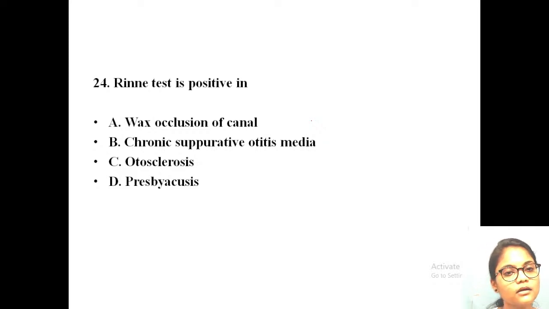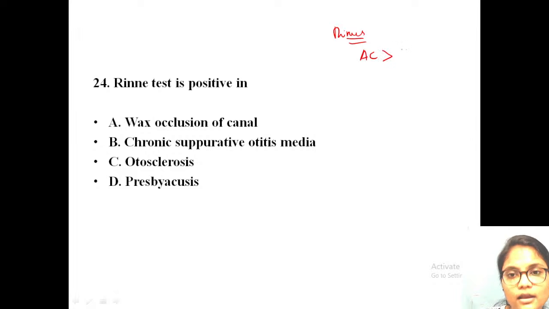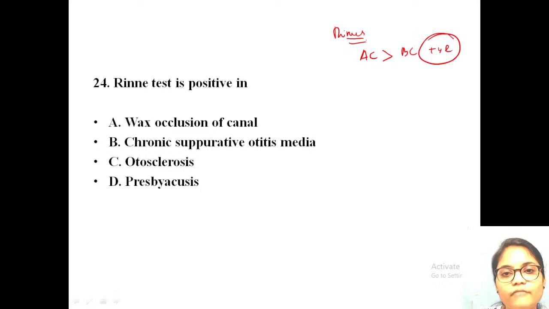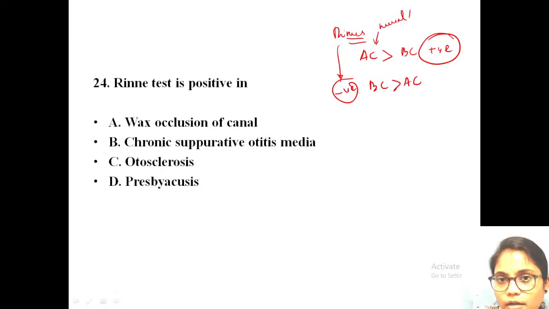And here in Rinne's test, whenever AC, air conduction, is more than bone conduction, that will be positive. In most of the conditions they are negative, when bone conduction is more than air conduction. Air conduction always denotes the neural hearing loss, and bone conduction always remembers the conductive hearing loss.